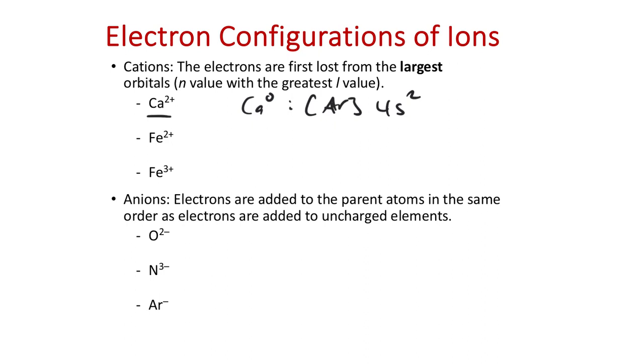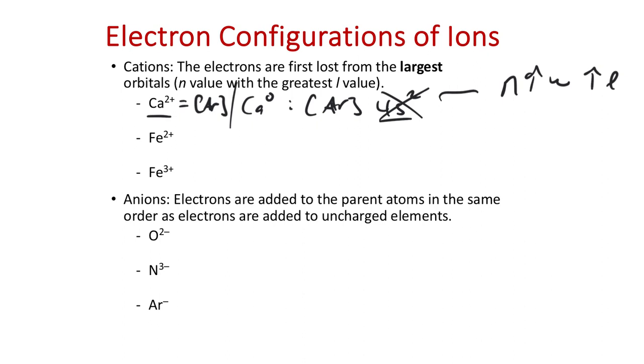Obviously we're going to lose the 4s electrons because these are the highest N with the highest L. So we lose the 4s electrons first. So calcium 2+'s configuration will just be that of argon. You lose 2 electrons, and you come up with a count of 18 electrons matching the same configuration that argon has.